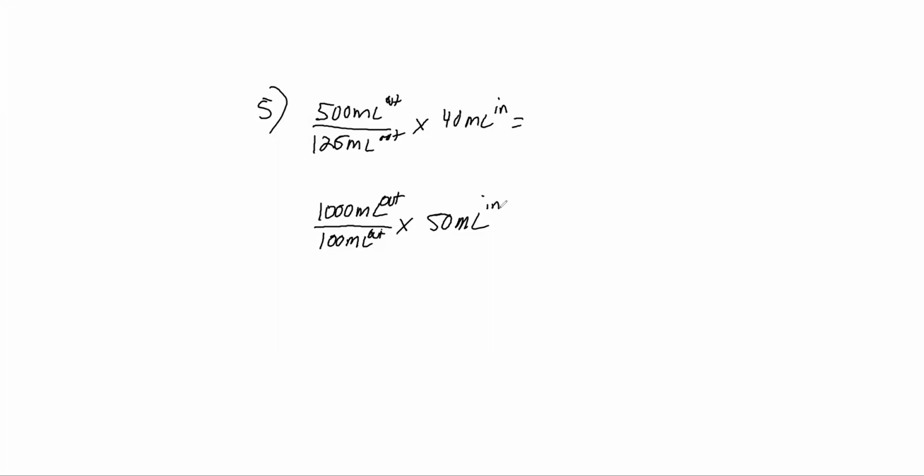It is possible that you could have less out. Let's say you're doing 40 milliliters replaced for every 125 milliliters voided, and they only voided 100 milliliters. You could still calculate a volume there; it would just be a number less than 40.